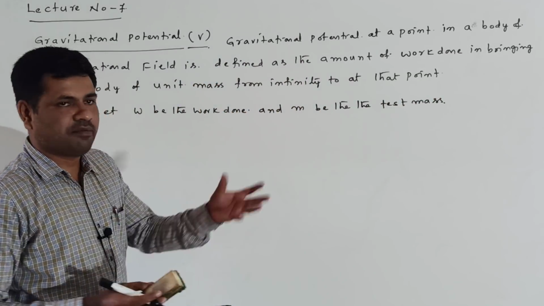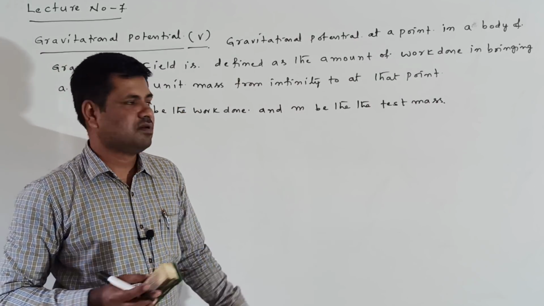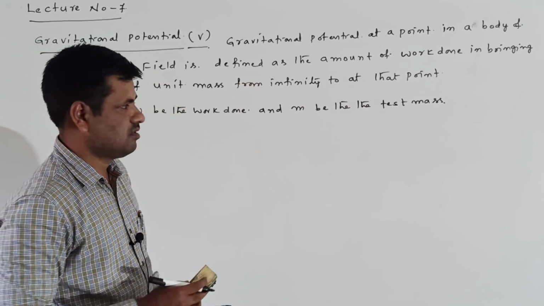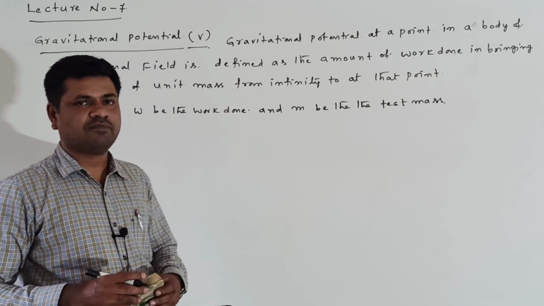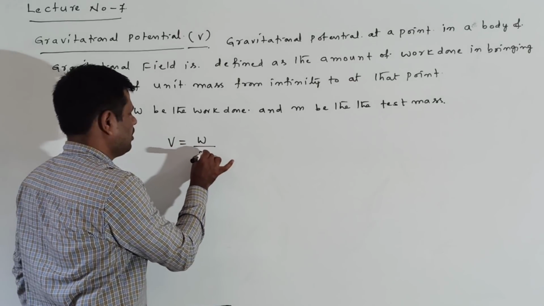Test mass means the mass we are bringing, which I am considering as a unit mass. The test mass has 1 unit of mass. So W is the work done and M is the test mass. Here gravitational potential can be written as V is equal to W by M.